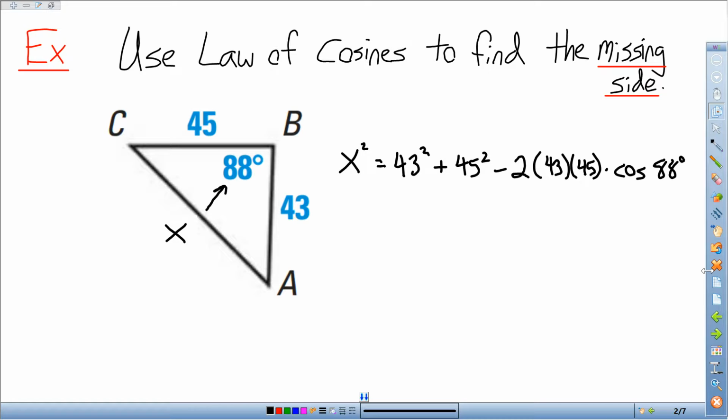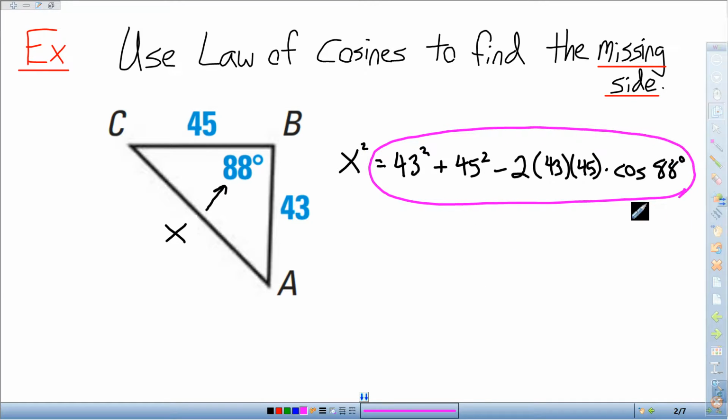But typing this in the calculator is, I think, the tricky part of these problems. So let's start doing it. We can type this entire thing into our calculator as long as we're nice and careful. Grab your calculator, do this along with me, and we'll see what happens.